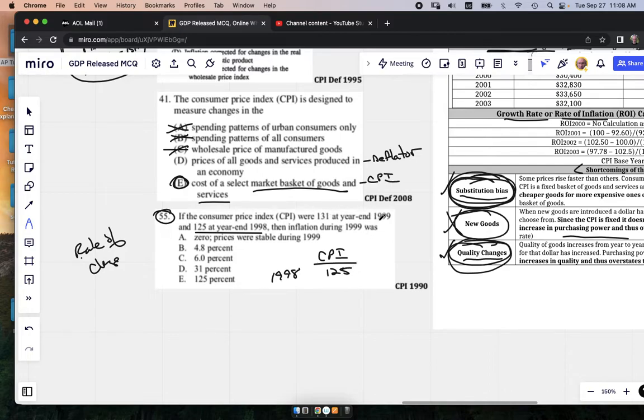And at the year end of 1999, it was 131. So all you're doing here is the 1999 is your new, this is your old. So you would just do 131.